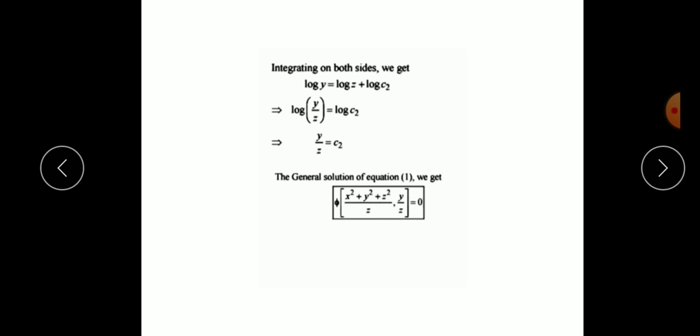Okay, so log y upon z is equal to log c2. Here remember that log c2 is an integral constant. So y by z is equal to c2.